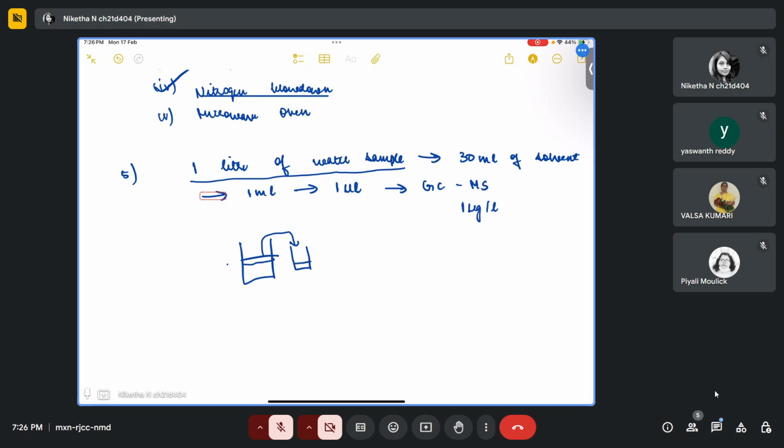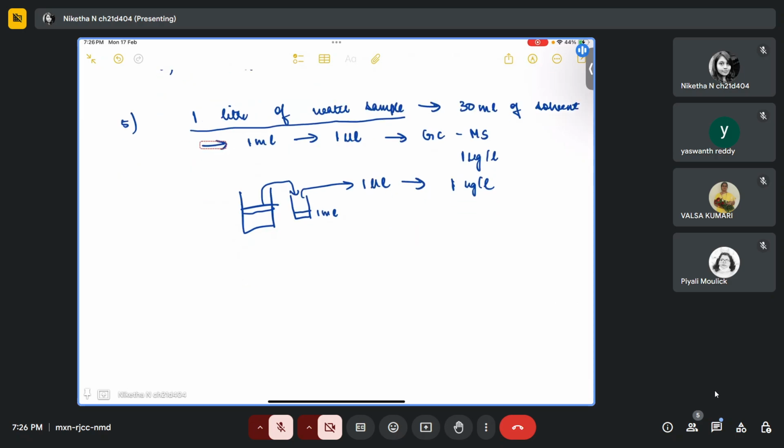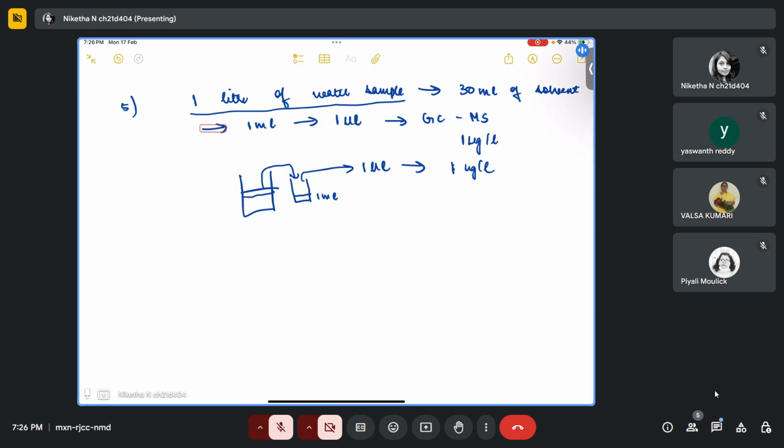So this 30 ml is reduced to 1 ml, and from this 1 ml they have taken 1 microliter for analysis, and from that they are getting 1 microgram per liter concentration. So 1 microgram per liter is the final concentration in 1 microliter of the solvent.